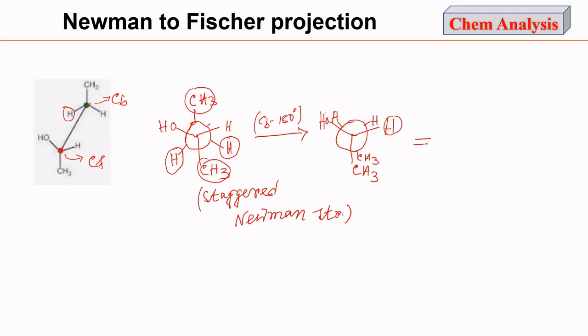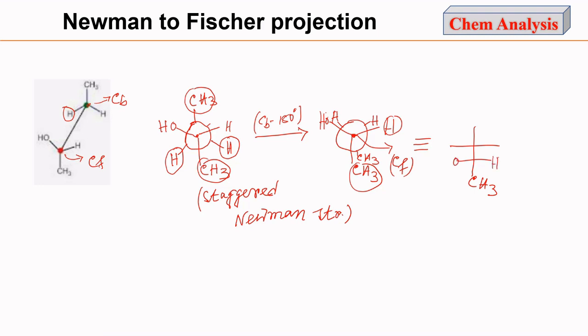Now if we draw the corresponding Fischer projection formula, then it is very easy. This is the front carbon. In the front carbon we can see that the methyl group is below the plane, so it will be vertical below, and on the right side we can see a hydrogen atom.